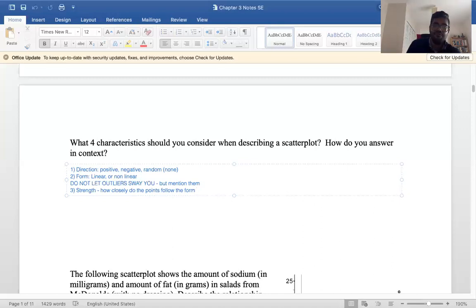You can mention that in form, right? But then your strength will still be extremely strong. Okay, so your strength is going to match your form. Okay, but now let's say I can draw this out. So let's say you have a graph.